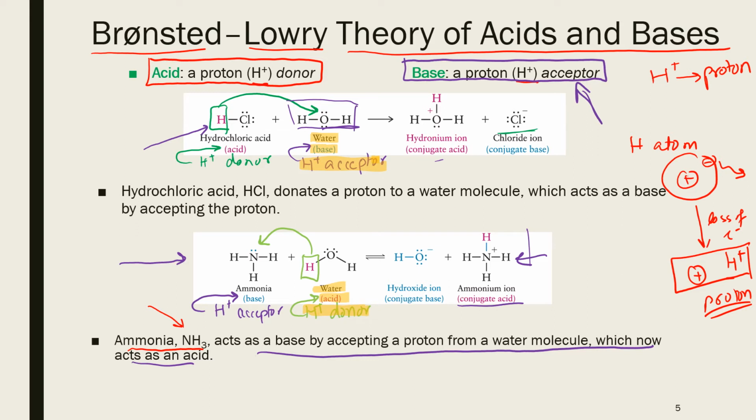Water is a special kind of molecule. There are a few other molecules also which can behave the same way, but let's focus only on water. Water is a substance which can act as an acid in certain reactions, or it can also act as a base in other reactions. So these kinds of substances are known as amphoteric substances.